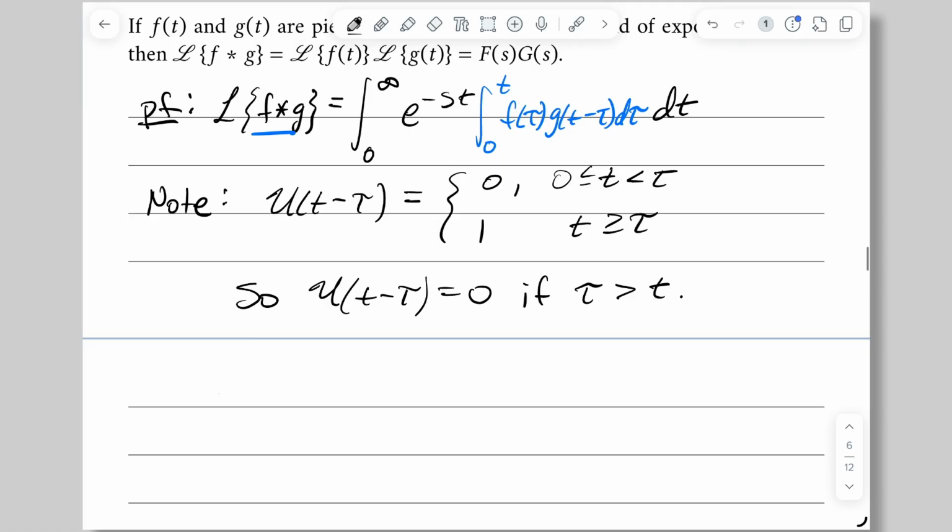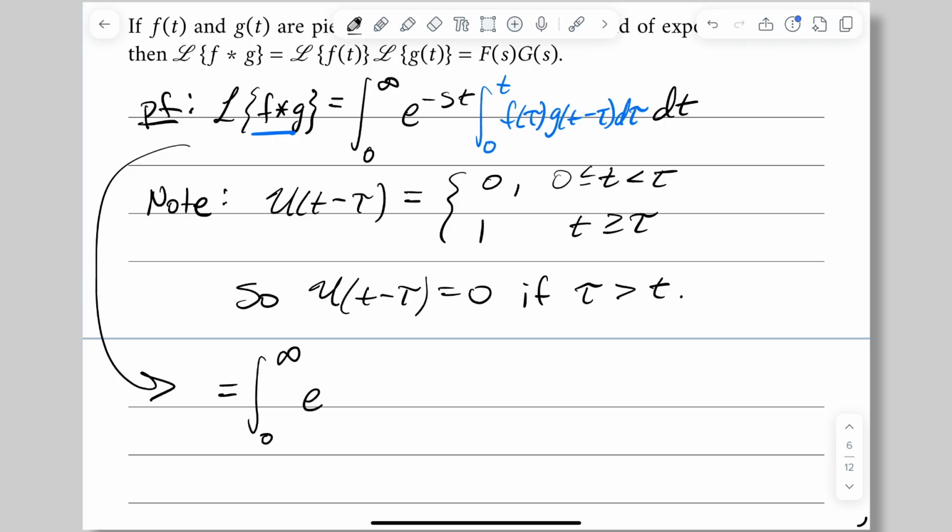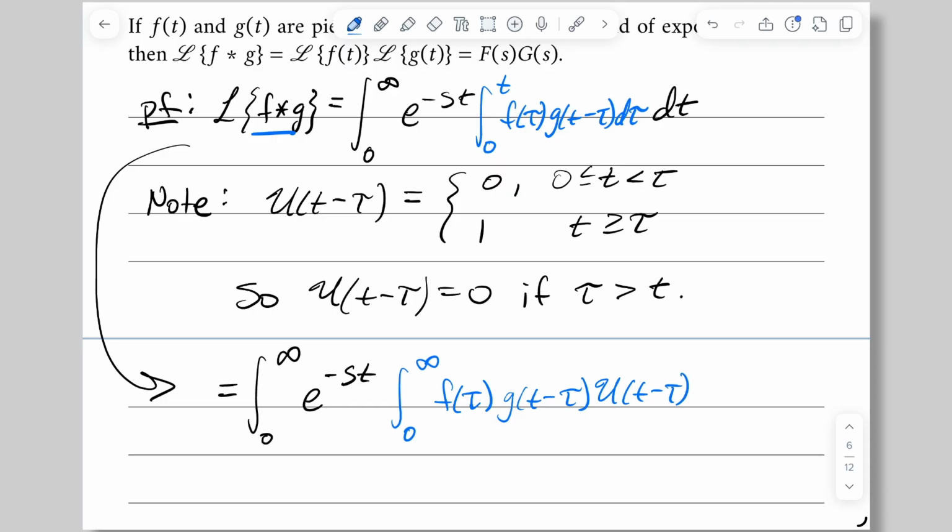That means that we can rewrite the convolution integral. First, I'm going to rewrite the transform integral from 0 to infinity of e to the negative st, and then the convolution integral can be written as the integral from 0 to infinity, because for values of tau bigger than t, that's 0, times f of tau g of t minus tau u of t minus tau.